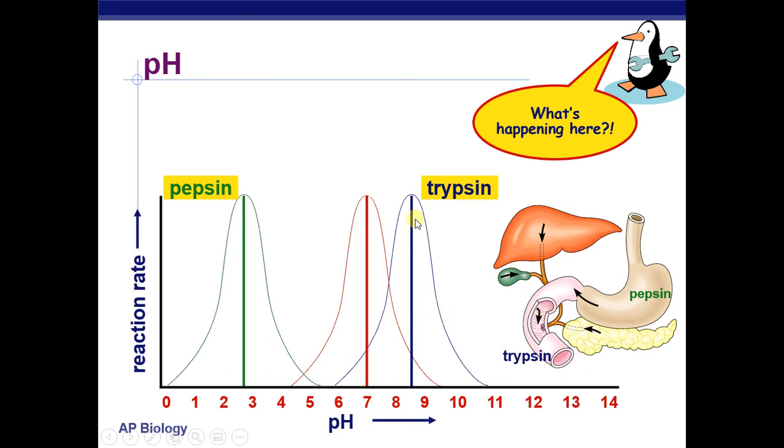So trypsin, an enzyme that breaks down the food in the duodenum, has an optimal pH in a more basic environment, even though these two, trypsin and pepsin, are found very close to each other geographically in the body.